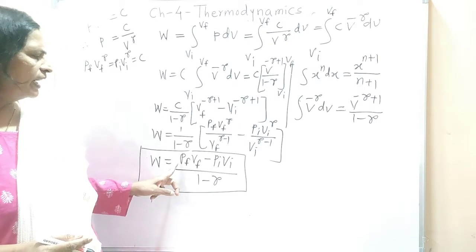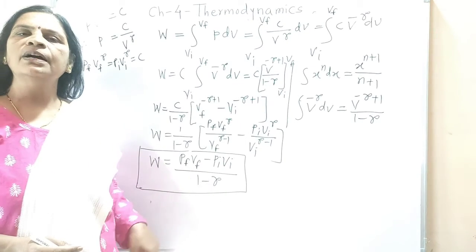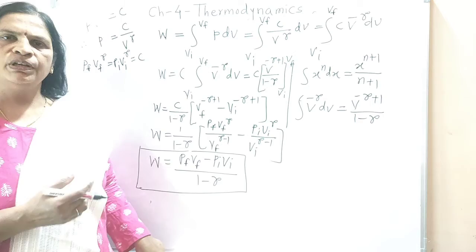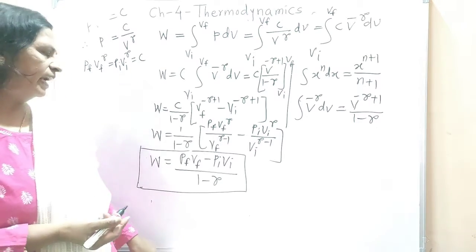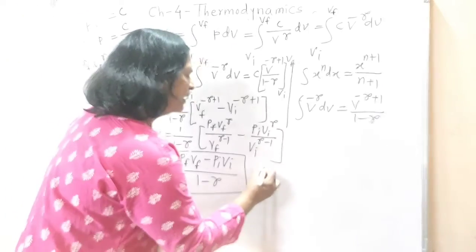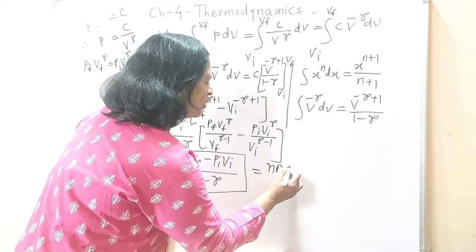Now we have to write this equation in terms of temperature. We know that PV is equal to nRT, and therefore nR is taken as common.